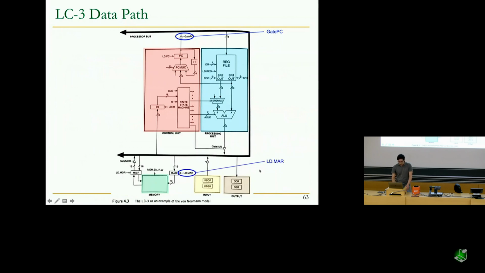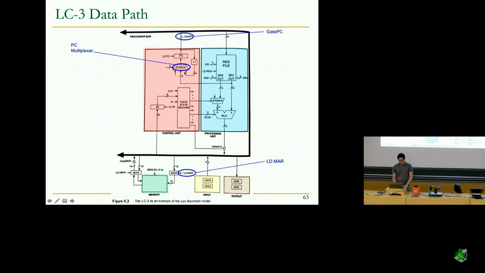We also have this LD.MAR. This is load memory address register. We will activate it when we want to load something into the memory address register. We also have this PC multiplexer. The PC multiplexer is used to choose among different possible values for the PC.